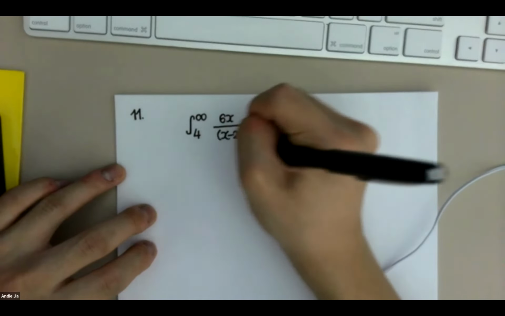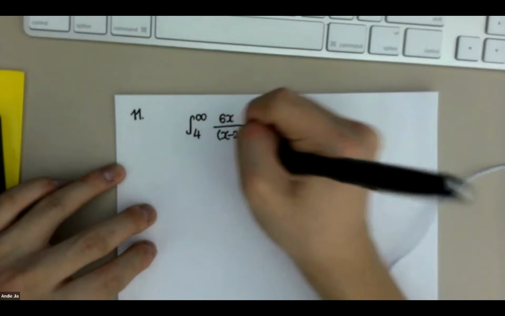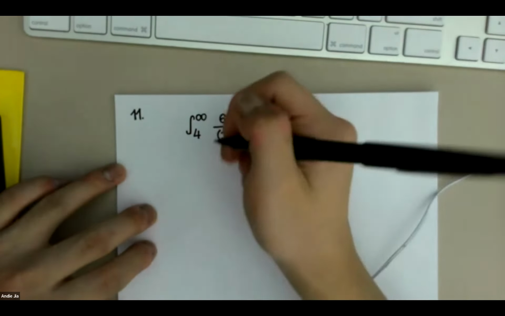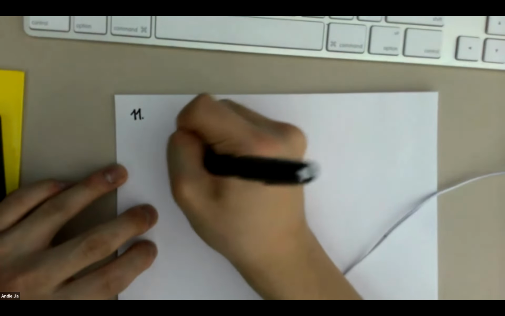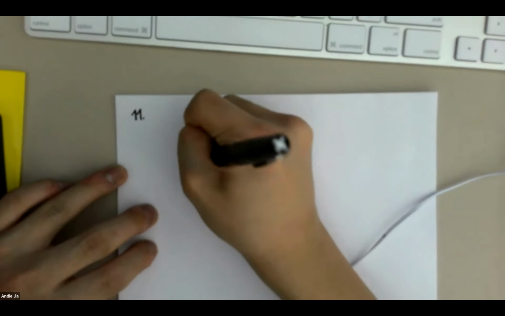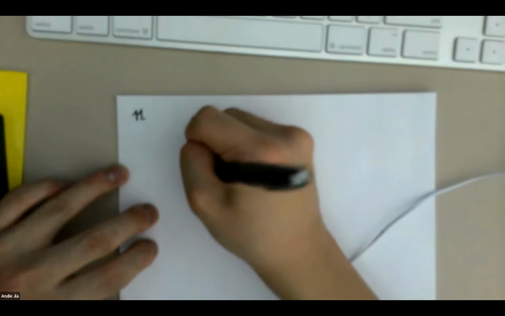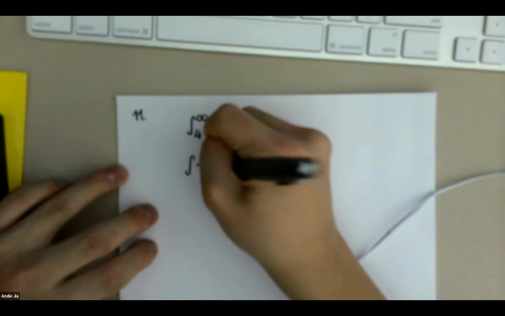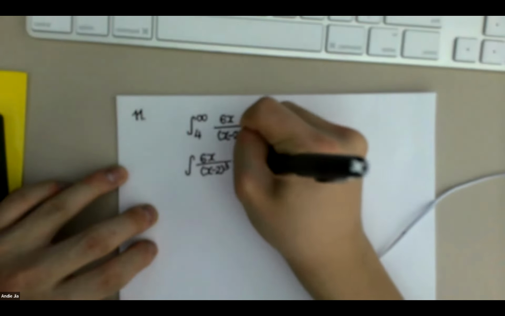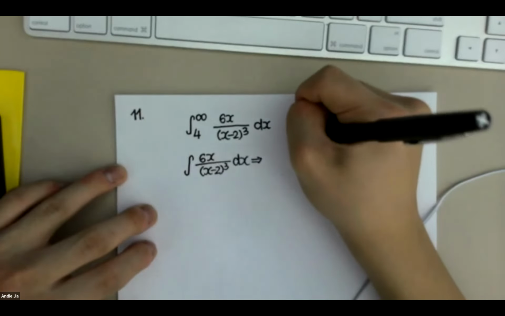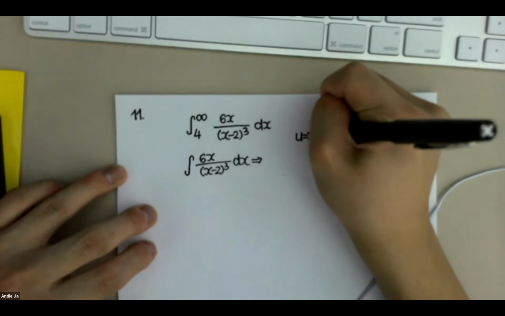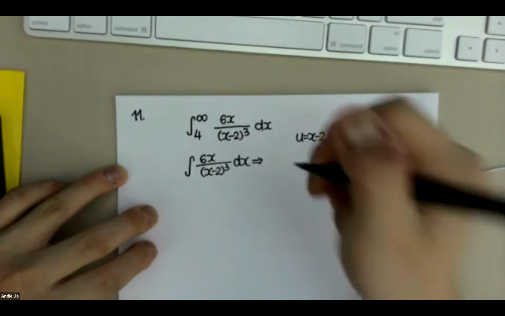So for this integral, let's do a u substitution. Don't expand this. We set u equals x minus 2, so x is u plus 2.